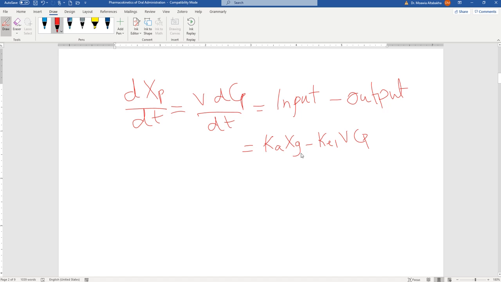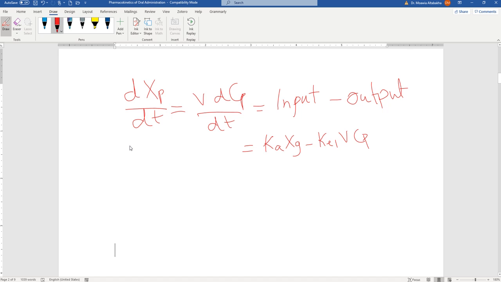So this is maximum in the beginning. And what would Cp be? The Cp in the beginning is 0. So we don't have elimination and we have maximum absorption. This means the positive term is maximum in the beginning, while the negative term is 0 in the beginning. So what happens with time?